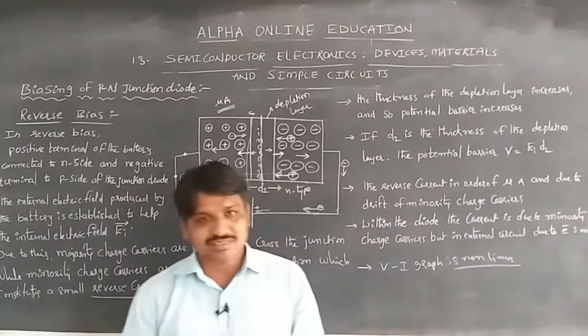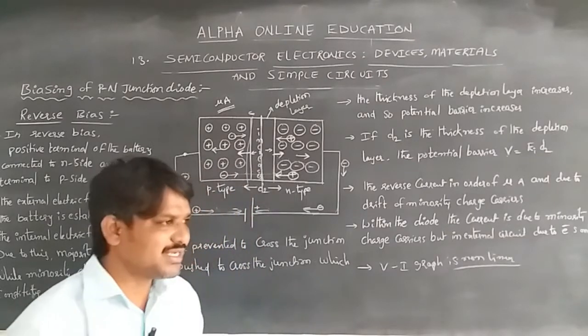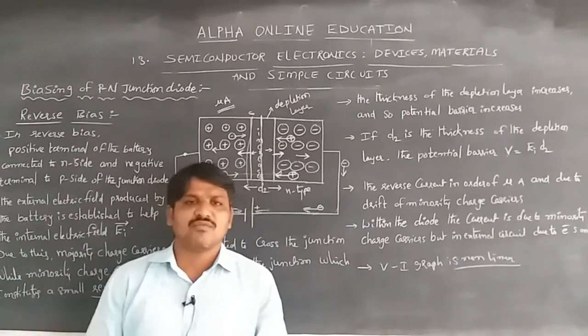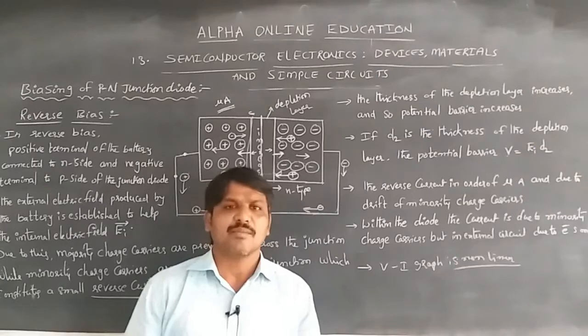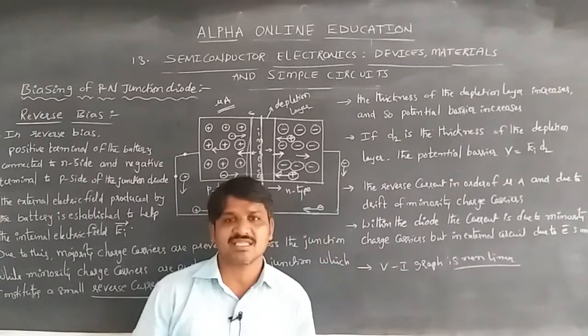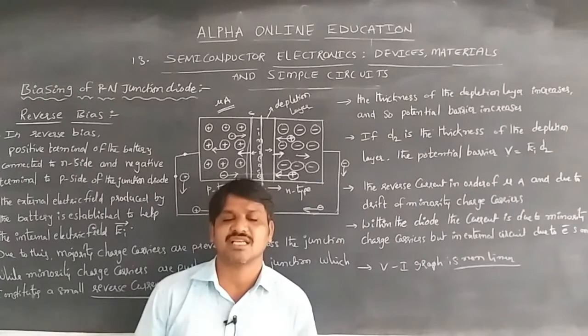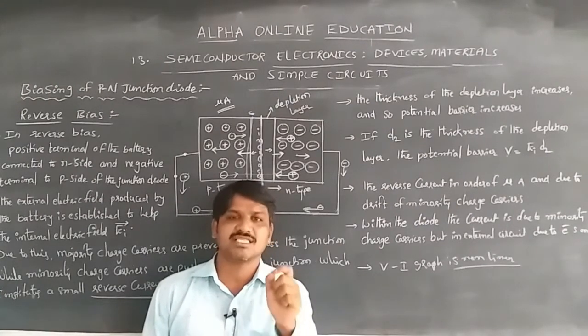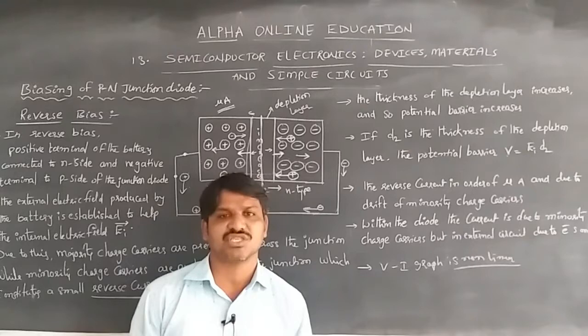Now we are going to discuss the characteristics. We know that voltage is proportional to current. But in the forward biased and reverse biased connections, what are the current to voltage characteristics of a PN junction diode?